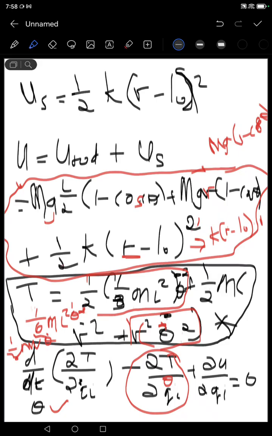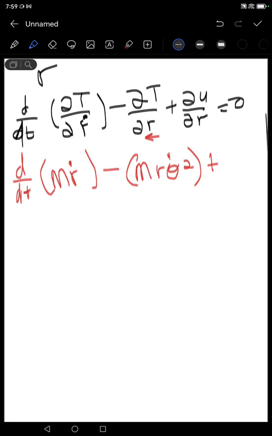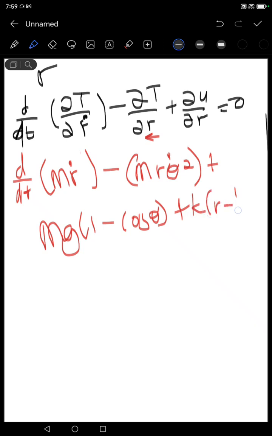Yes. So the partial derivative of potential energy is mg times 1 minus cos theta plus k times r minus l0, equal to 0.